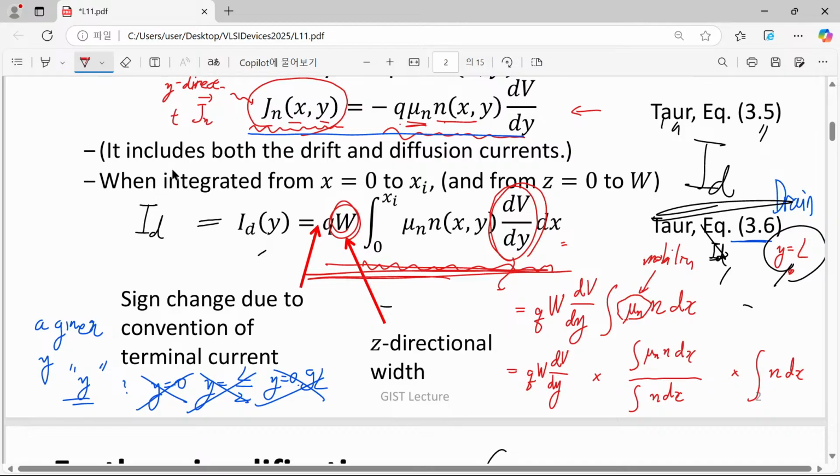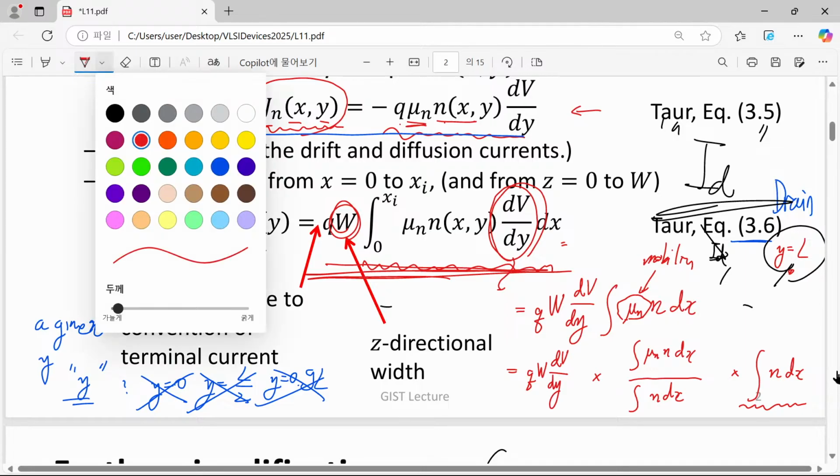Are you with me? So did I make anything wrong? As long as this integrated electron density is a positive number, I am allowed to do this job. If there is no electron at all in a given MOS capacitor, then I'm doing wrong. But you know, there is always a positive number of electrons, so this quantity can be regarded as always a positive number, so I am allowed to do that.